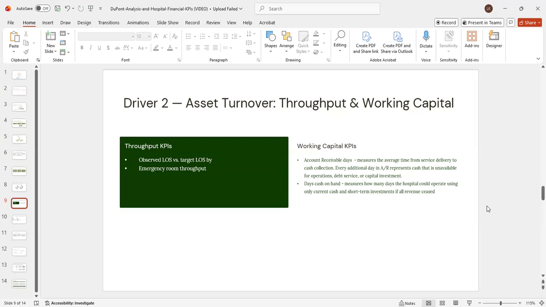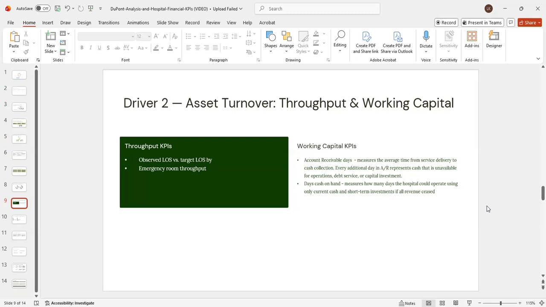And similarly, other throughput KPIs you might use are emergency room metrics like door-to-provider times and wait times and so on. From a working capital perspective, we tend to monitor two primary metrics.